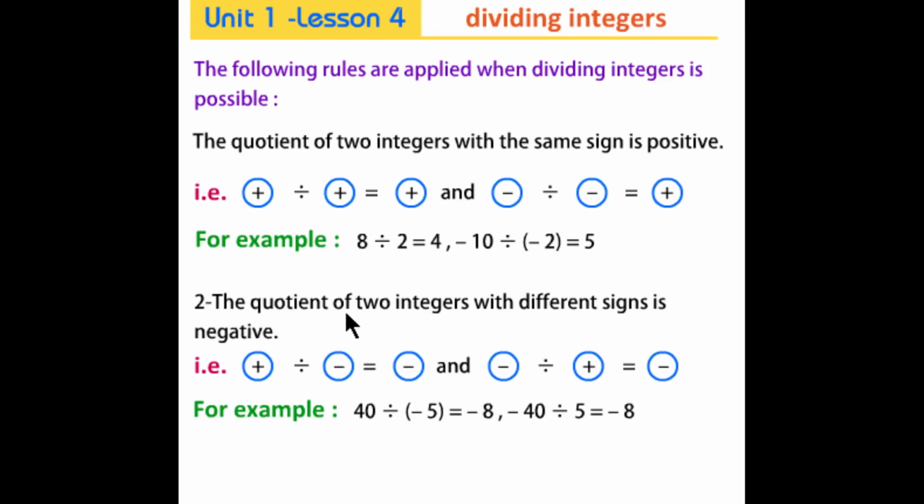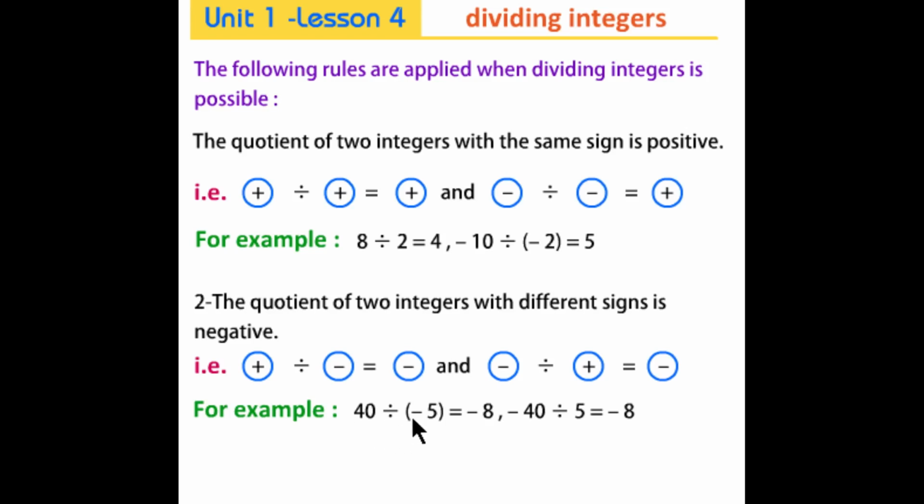2. The quotient of two integers with different signs is negative. That's to say, positive divided by negative equals negative, and negative divided by positive equals negative. For example, 40 divided by negative 5. At first, divide the signs.